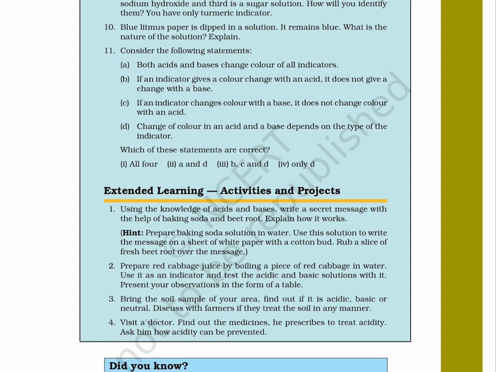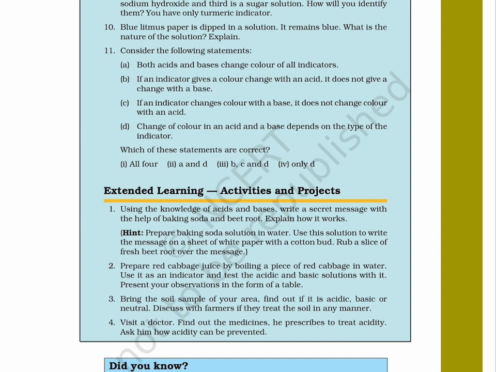A. Both acids and bases change color of all indicators. B. If an indicator gives a color change with an acid, it does not give a change with a base. C. If an indicator changes color with a base, it does not change color with an acid.